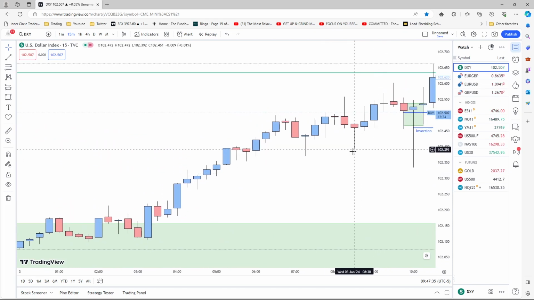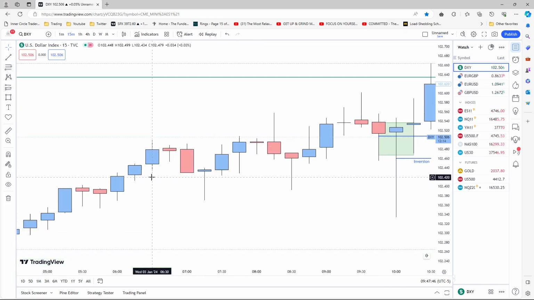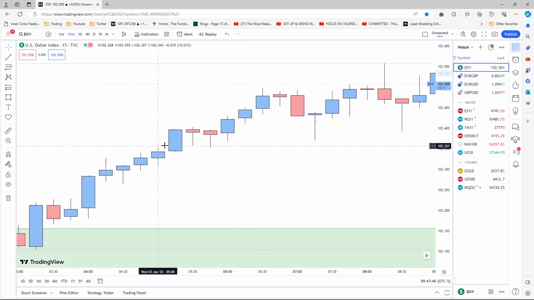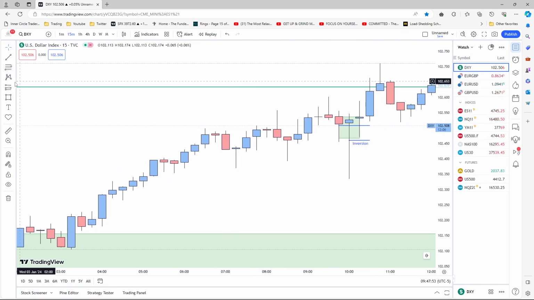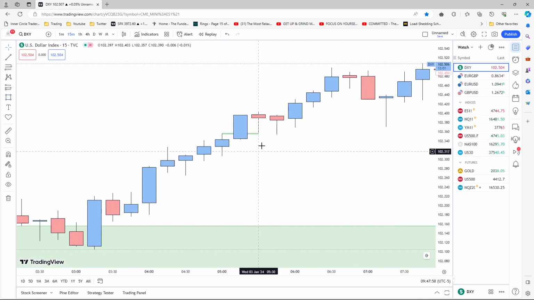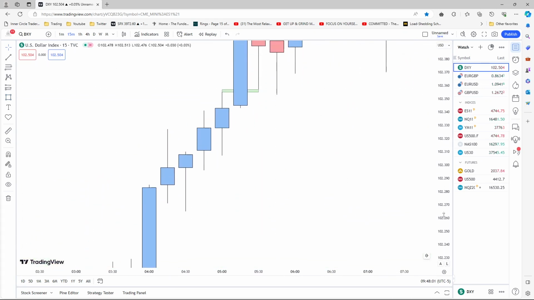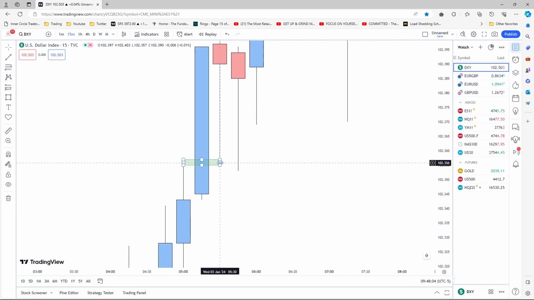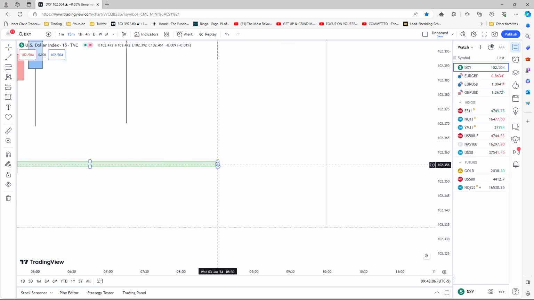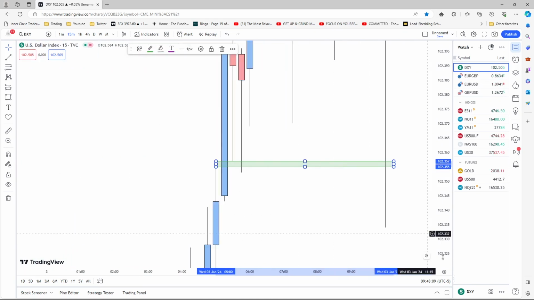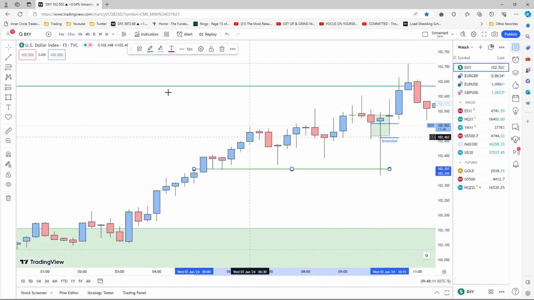But I do see these two equal lows that we took out over here. And we also took out this one over there. And I almost think we do have a slight fair value gap right there. So that would be a very, very small little fair value gap. Let's just bring this over. It's a very small level.